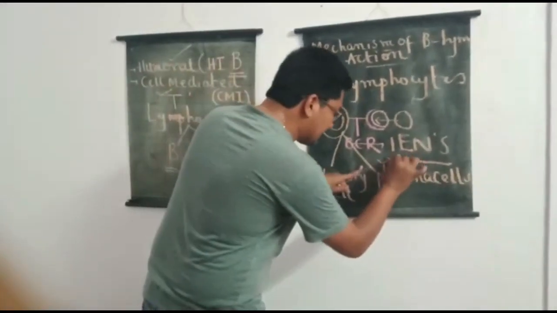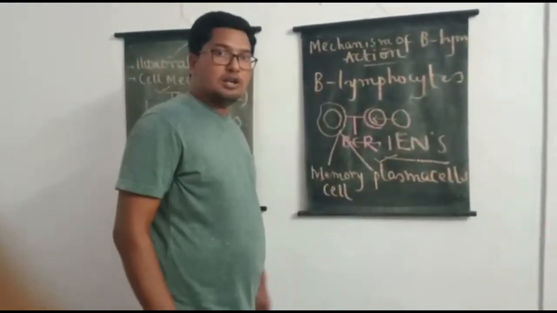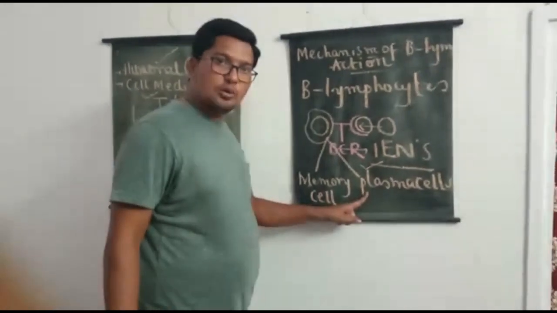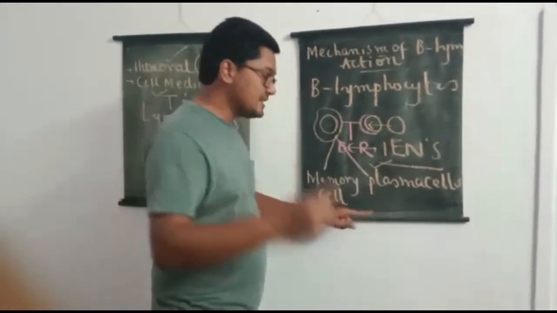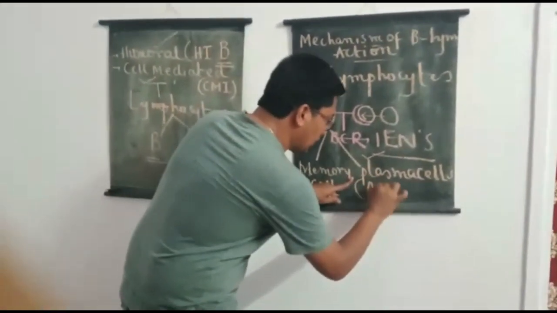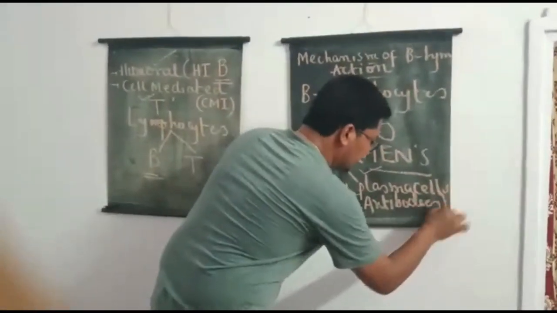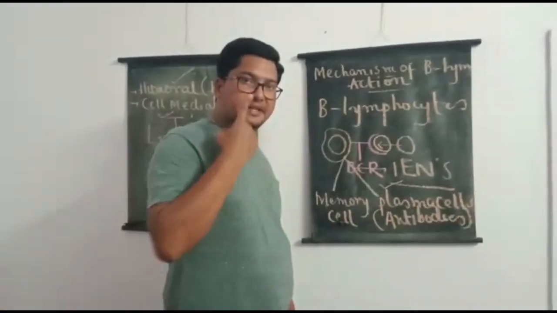And these plasma cells are otherwise called effector cells, because now the plasma cells are the ones that show the response. What is that response? Production of antibodies.